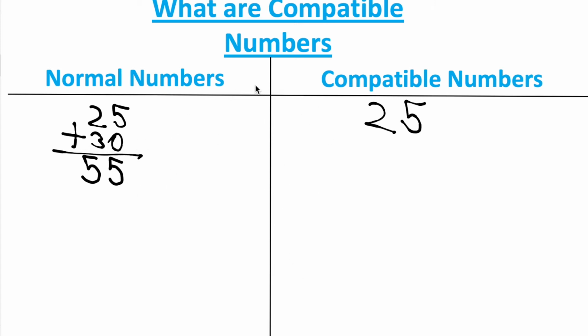So 5 plus 0 is 5, and 2 plus 3 is 5. So it's basically the same.